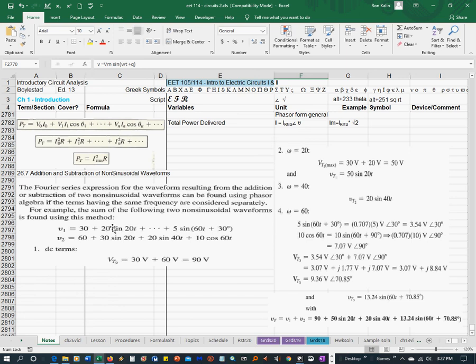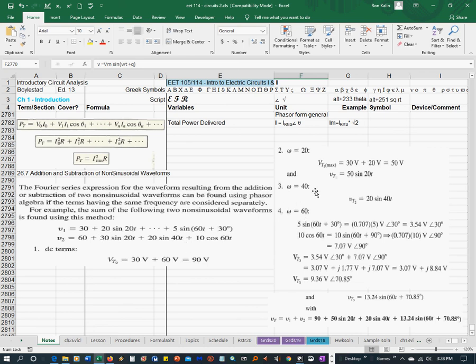You look at these two terms where omega is 20. They have VT1 max equals 30 plus 20 equals 50. They just took the two amplitudes and added them together. So VT1 equals 50 sine 20t. You just added these two sinusoids together.